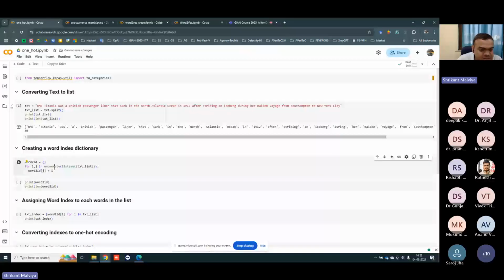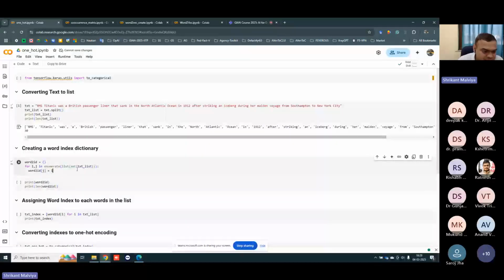We know that enumerate returns two things: one is the index and one is the actual value. So i is the position of that word. Suppose RMS is the first word, so for that the i value will be 0. Likewise, the index will be created.